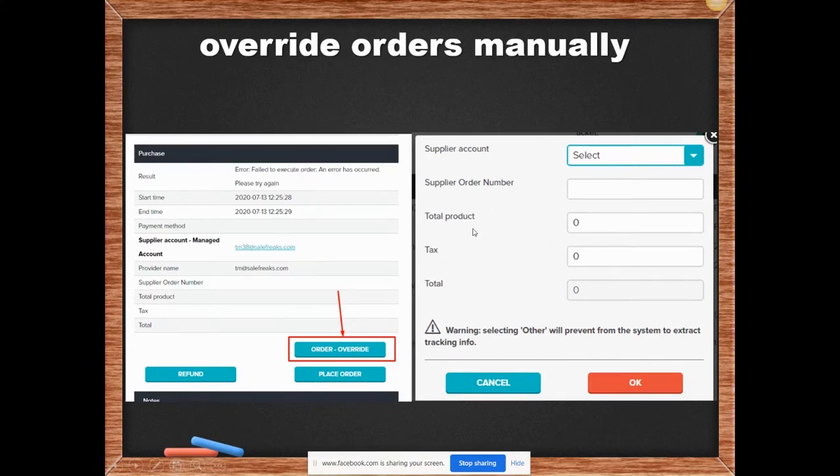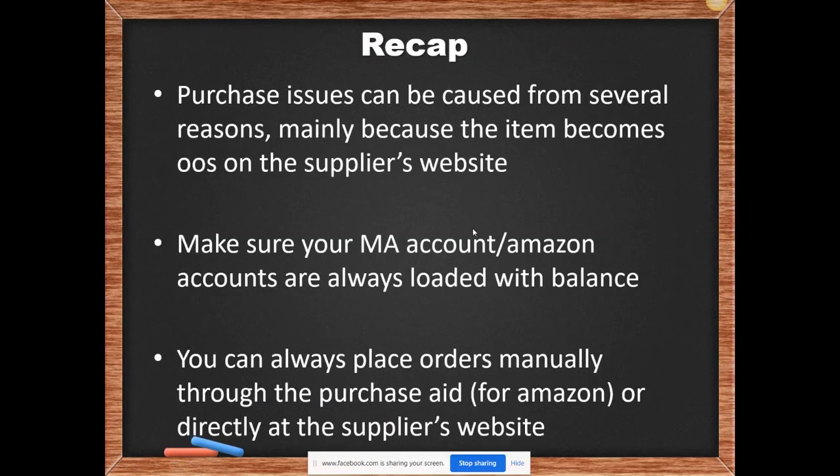Okay, guys, that's pretty much everything. So let's just recap before answering questions. So purchase issues can be caused by several reasons, mainly because the item becomes out of stock on the supplier's website. Okay, but it's better to make sure managed accounts or your Amazon accounts are always loaded with balance.